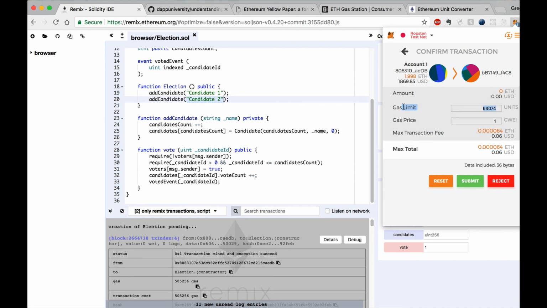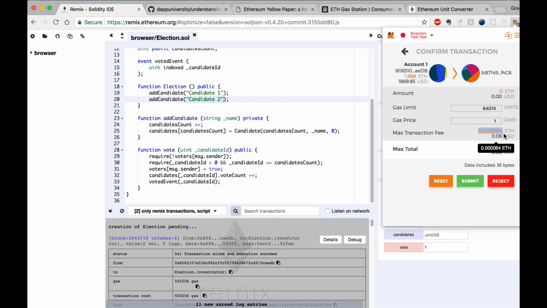This gas limit is typically not going to equal the amount of gas that you'll pay for the transaction. Usually it's much lower. So any gas that is not used will be returned back to your wallet. So basically this is saying I'm going to provision this many units of gas, times the gas price, is going to equal about this many Ether.